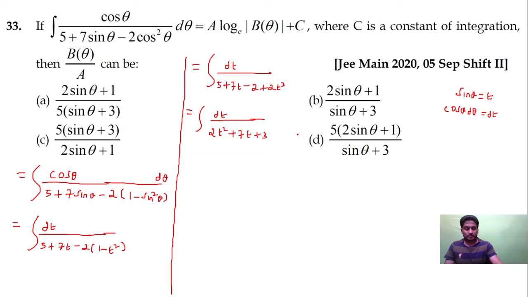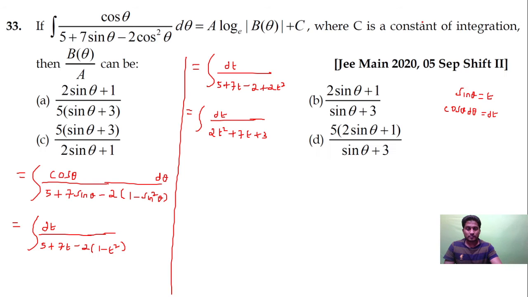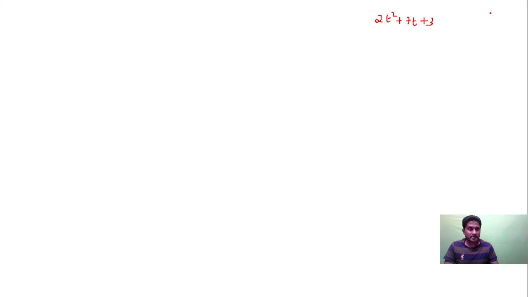Okay, now this is 2t square plus 7t plus 3. If I split the middle term, this is equal to 2t square plus 6t plus t plus 3. I'm going to take 2t common, you will get this as t plus 3.